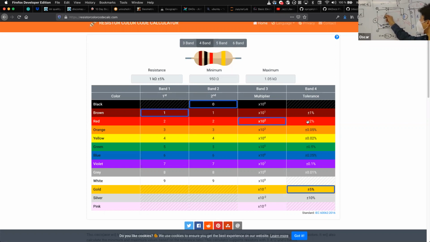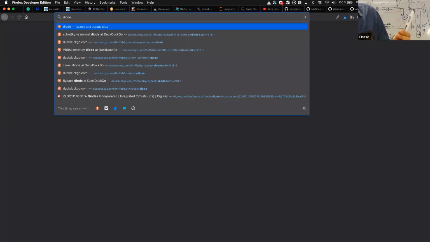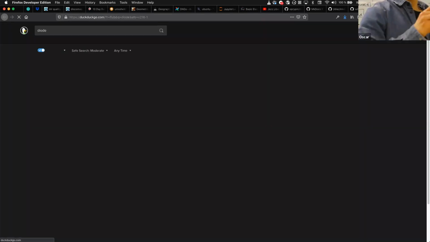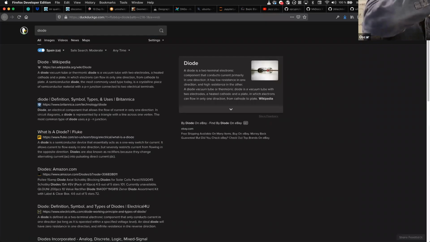Now, I want you to try them. They normally have this package. I think that people at home won't see it, but I can put one in here. You'll see that there's a silver stripe on one side, which marks the cathode, which marks the direction. So I want you to try this here and flip it to see if it works.